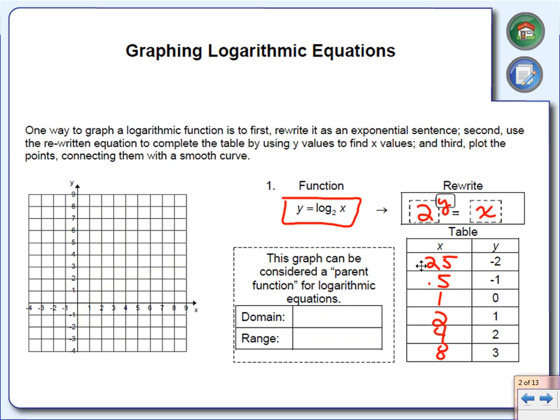All right, so we've just created a table of values based on this equation, 2 to the y power equals x. Now I want you to take these ordered pairs that we just created and plot them on the graph paper that you're given. Go ahead and plot those points out. We're going to see what the graph of y equals log base 2 of x looks like.